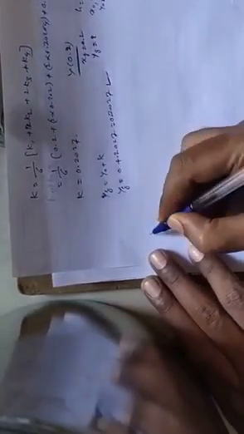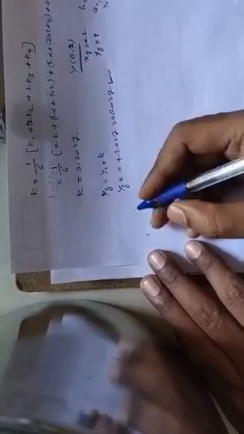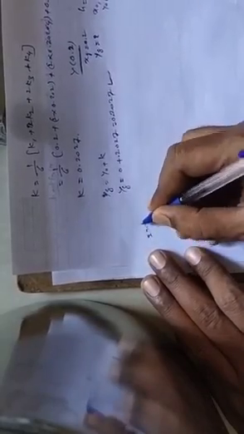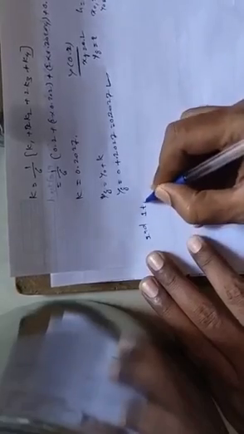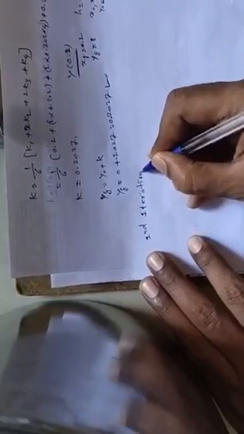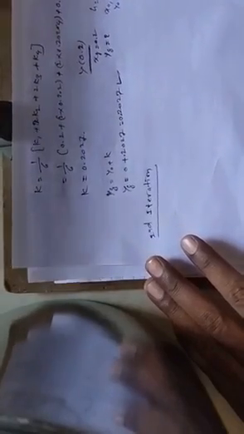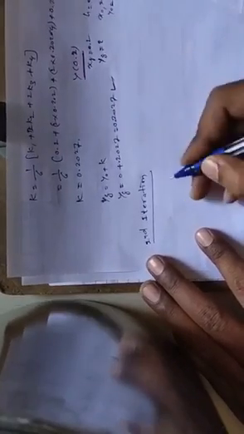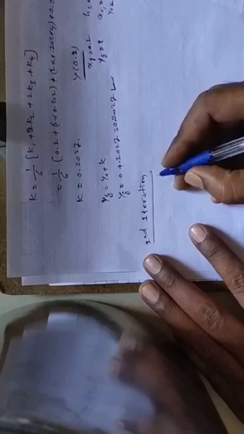Now the second point, we will get the answer in the second iteration. For the second iteration, what are the values of x and y? It means you have to use the previous iteration values.